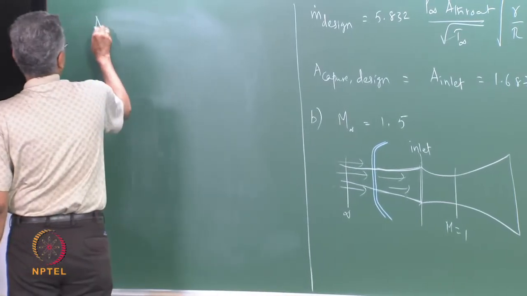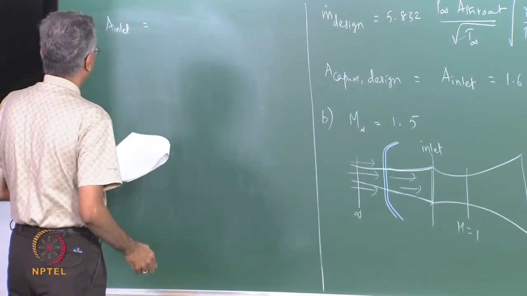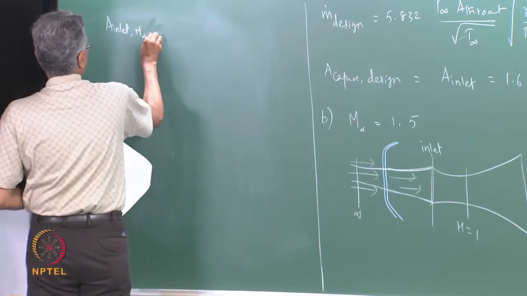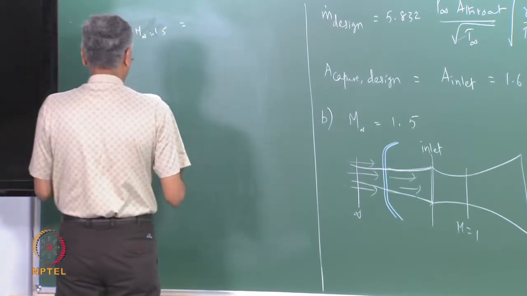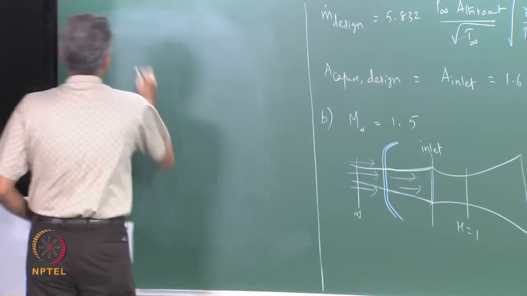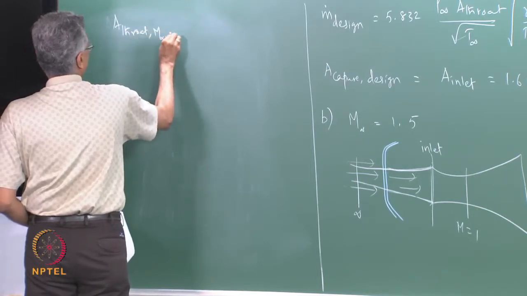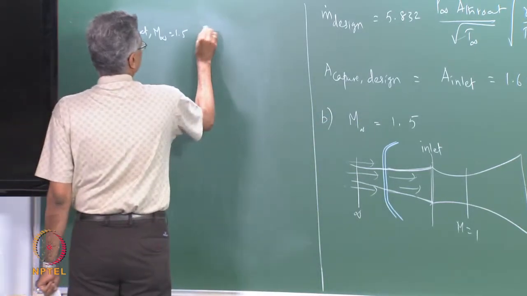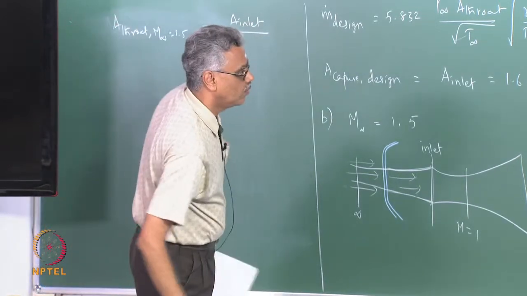So A inlet, M infinity equal to 1.5, now becomes, I am sorry, let me write it in terms of A throat. So A throat, we are changing the throat area. So A throat corresponding to M infinity equal to 1.5, from this, comes out to be A inlet divided by 1.17617.